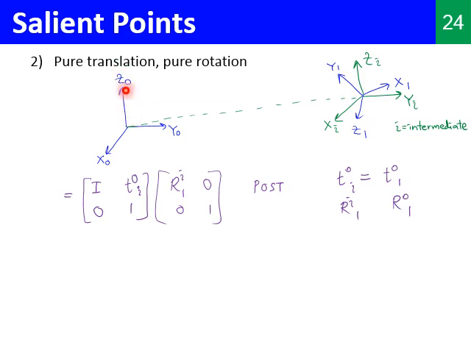Okay, now since frame 0 and frame I have the same orientation, these two will also be equal, right? This happens because frame 0 and frame I have same orientation.